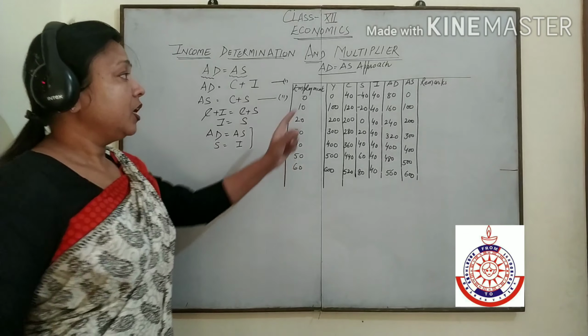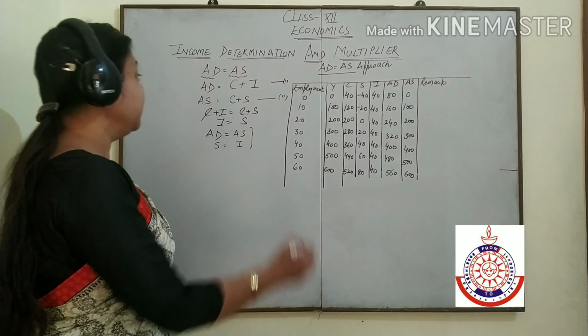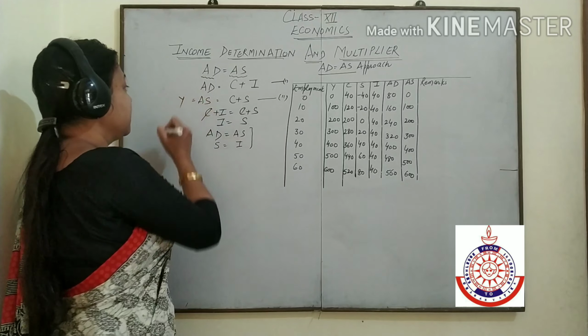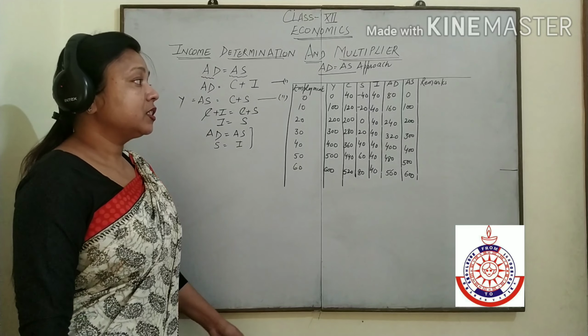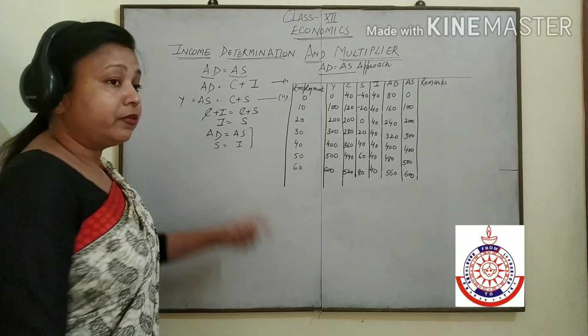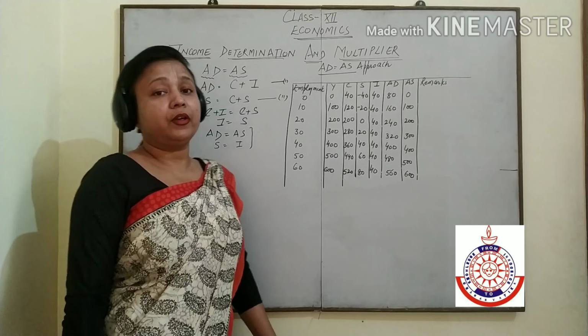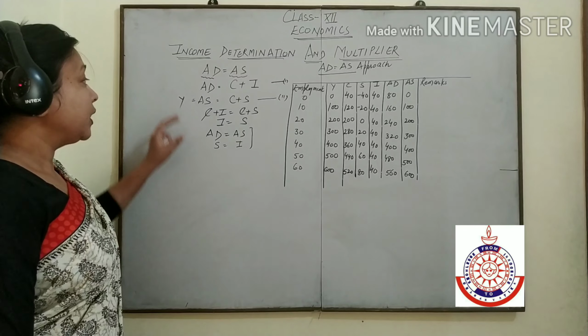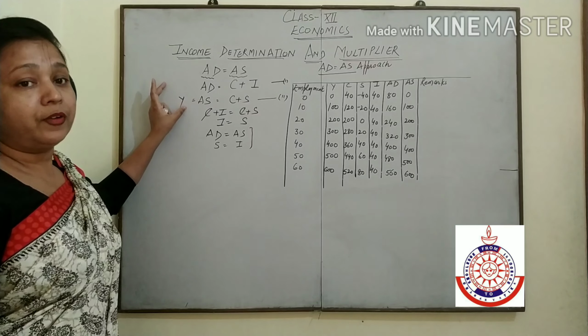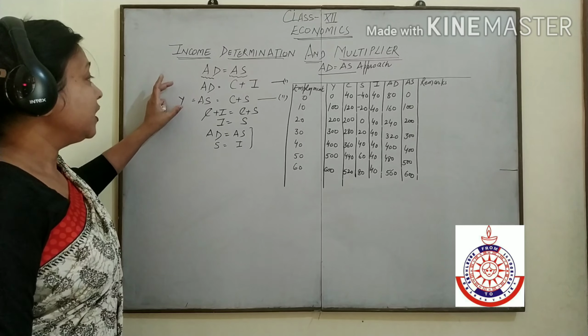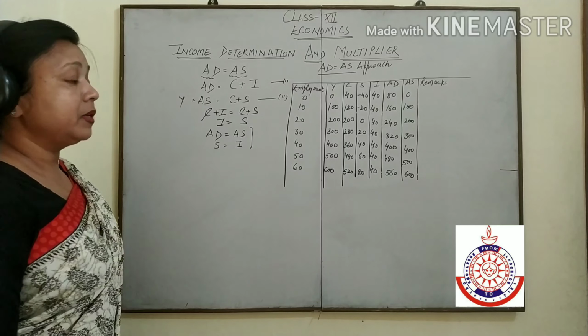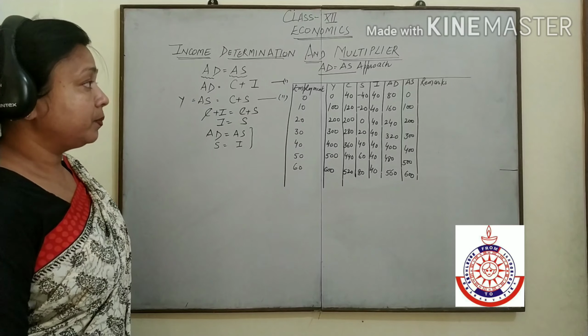See here, income is equal to aggregate supply, because whenever the producer produces goods, he uses some factors of production, and whatever he has to pay for the factors of production is called income. So that income is equal to aggregate supply.